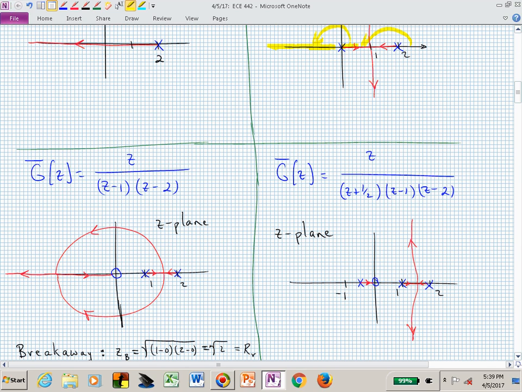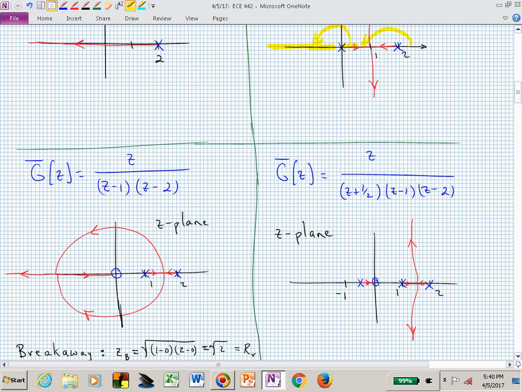So here, if I'm standing to the right of 2, let's say I'm at z equal 3, and you look at all of the angle contributions to that point at z equal 3, all of them are contributing 0 degrees. So that segment from z equal 2 all the way up to infinity should not belong to the root locus. If I now squeeze in between 1 and 2 somewhere, let's say at 1 3/4, what's the angle from 2 to 1 3/4?